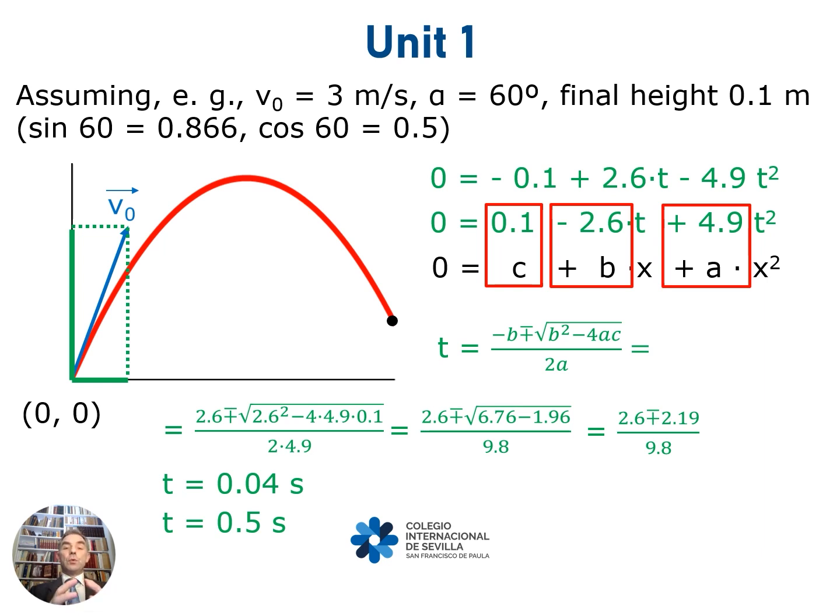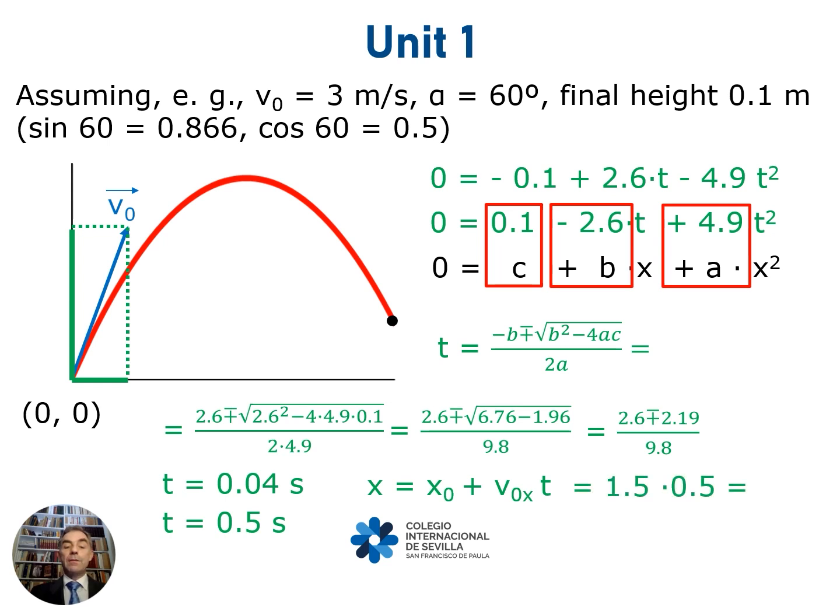So to now find the distance on the horizontal axis that the water drop has covered whilst doing that movement, we insert the value of time in the expression of the distance covered along the horizontal axis, which has uniform rectilinear motion. That means x equals x0 plus v0x times time. x0 was 0 because we were at the origin of coordinates.